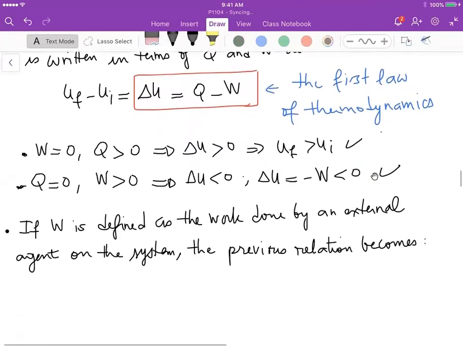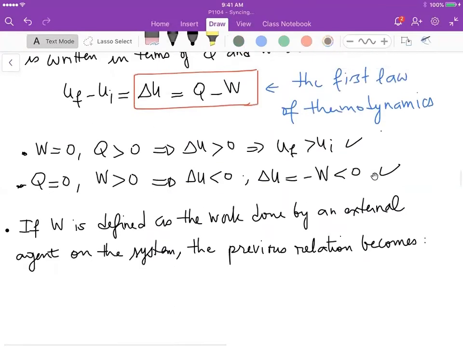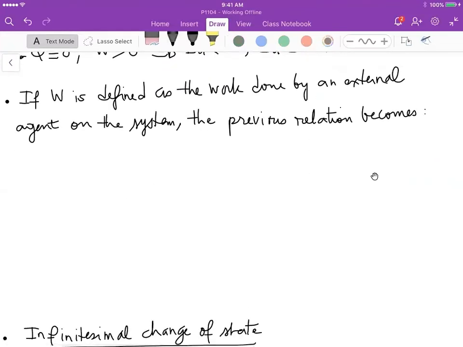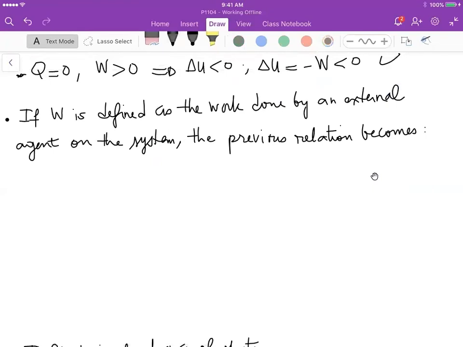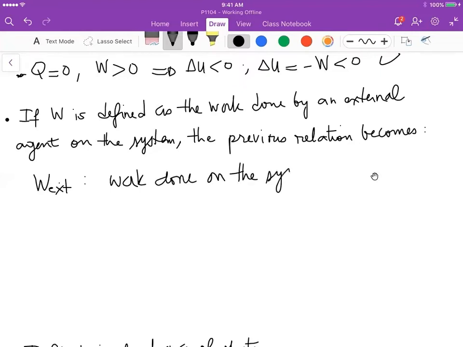Now, you may find in some references, instead of delta U equals Q minus W, that the first law of thermodynamics is stated and written as a function of the work done by an external agent on the system. يعني إذا كان بدل ما يكون في عنا W defined as the work done by the system, you may find W external defined as the work done on the system by an external agent.